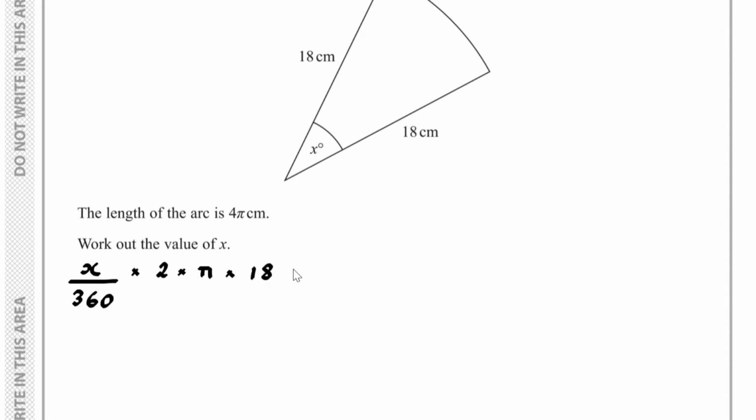And the result of this calculation is equal to 4 pi. 2 times 18 is 36. So we've got 36 divided by 360, which is 1/10.